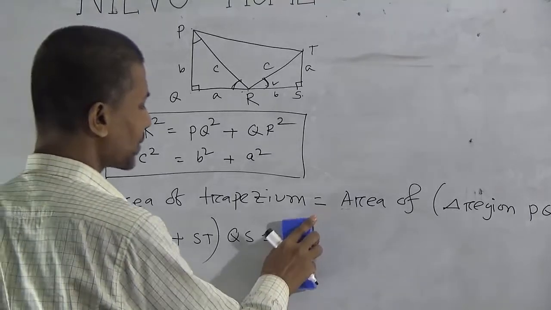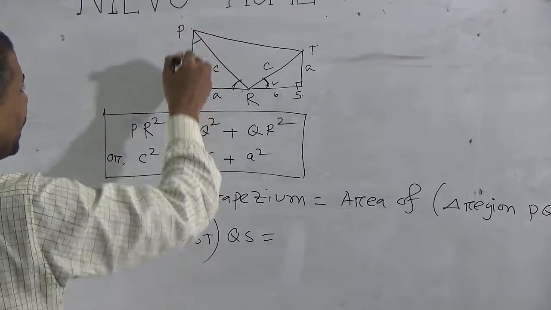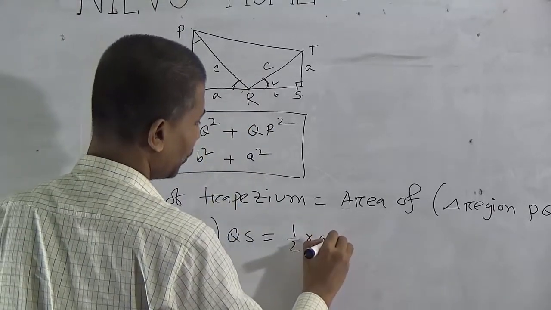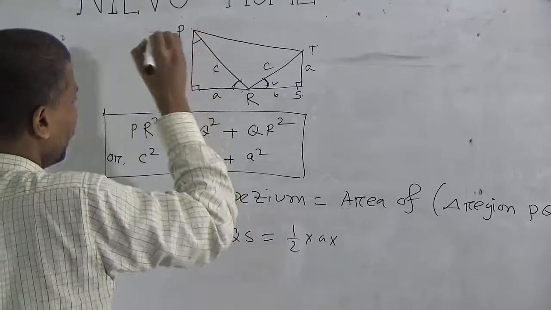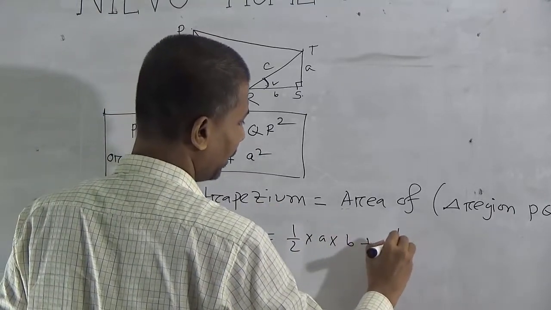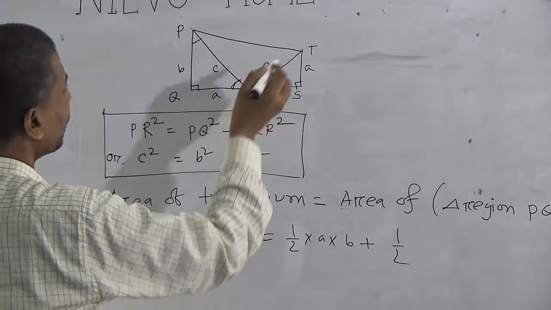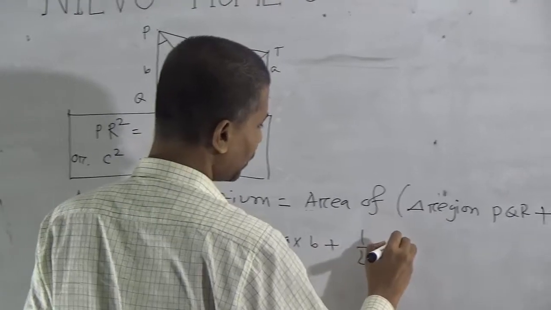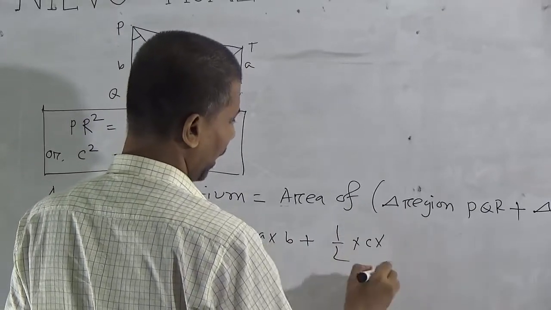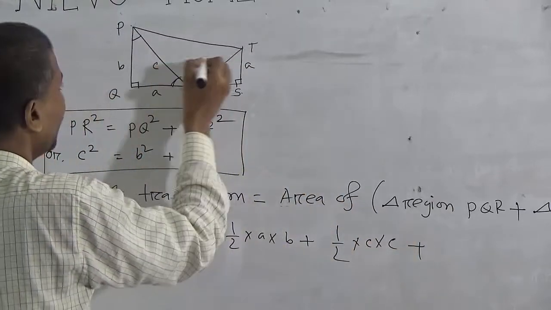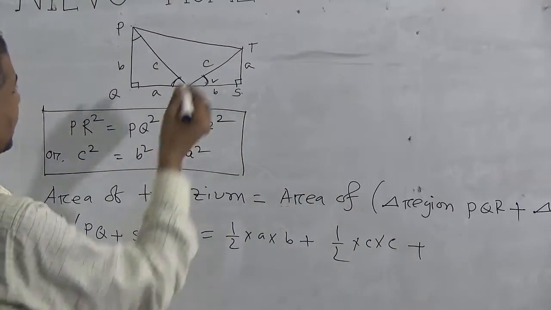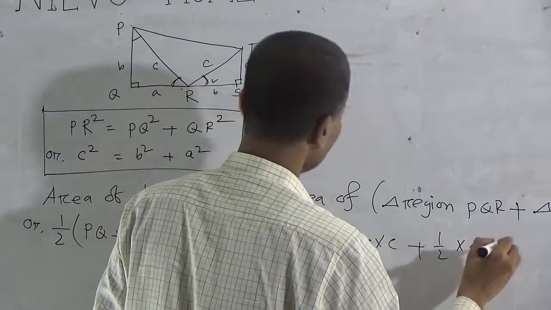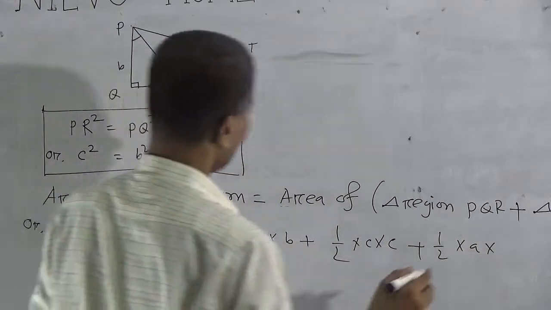region of PQR. That means area of PQR. We know PQR equal to half into base into height or perpendicular is B. Similarly, PRT half into base also C, height also C, plus you see C and C, and region TRS half into base into height.